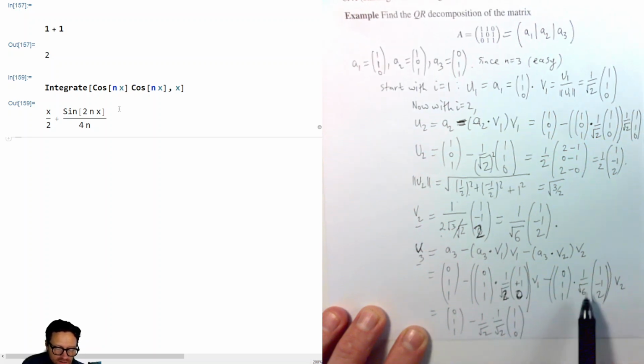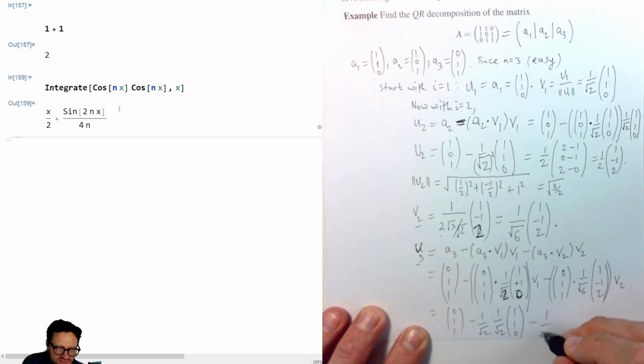Okay, then over here we have a product minus 1 plus 2. 2 minus 1 is 1 over root 6. So minus 1 on root 6. And then multiplied by V2, but V2 is 1 on root 6, 1 minus 1, 2.